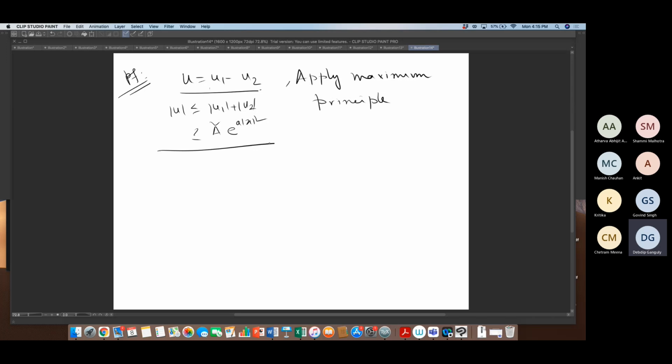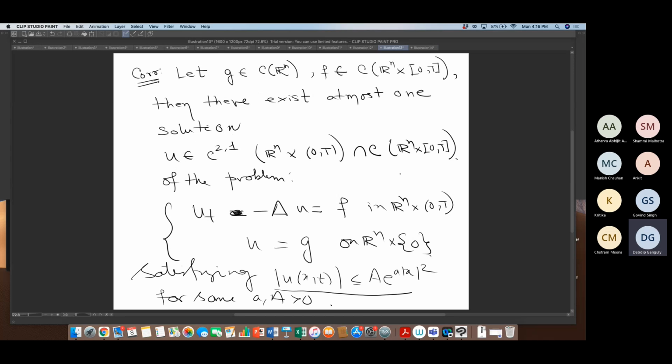Now I will make a very important remark, though I will not prove it. This is a fundamental thing in the heat equation. If you don't assume this condition, then this maximum principle, this corollary, is not true.